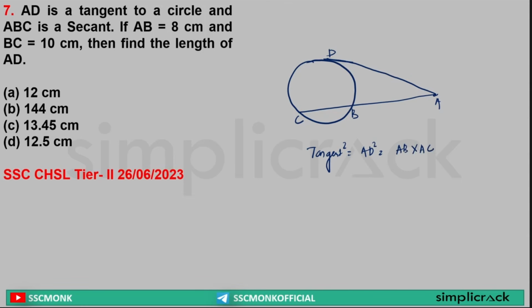What is AB? 8 centimeter. What is AC? Here AB is 8 and BC is 10. That means AC is equal to 10 plus 8, 18 centimeter. Now 8 into 18 is equal to 144, and AD square is 144. So what is the value of AD? Square root of 144, that is equal to 12. Answer option A. Clear? Sorted?